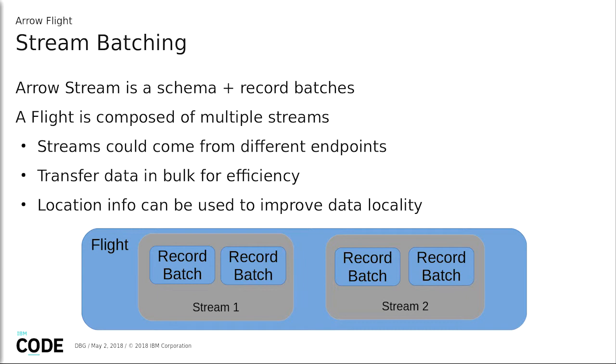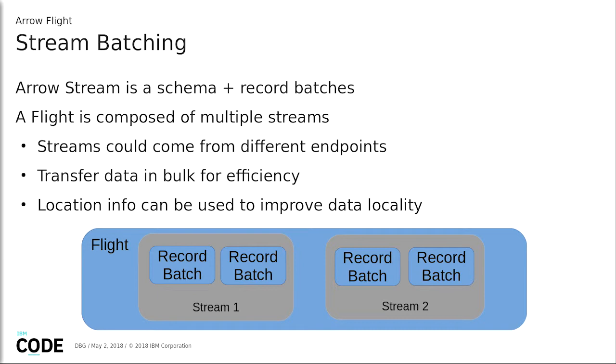So these different streams can come together from different endpoints, and it's built to transfer data in batches, and make sure things are transferred efficiently. And each endpoint has a location info which you can use to take advantage of data locality.